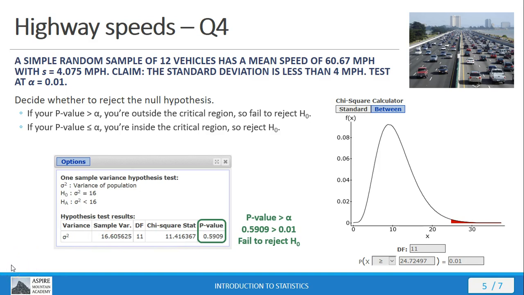Comparing the p-value with alpha, we're definitely outside the region of rejection. Therefore, we're going to fail to reject H0. Alternatively, we could use our test statistic 11.4. 11.4 puts us somewhere around here, and that's well outside this region of rejection. Therefore, we fail to reject H0.